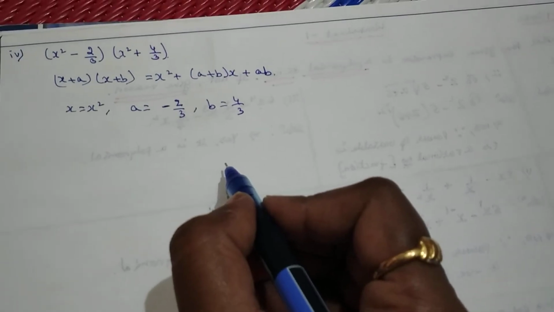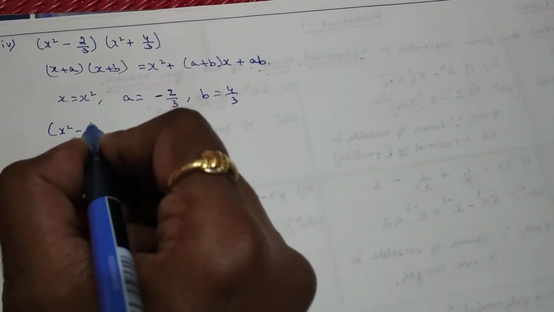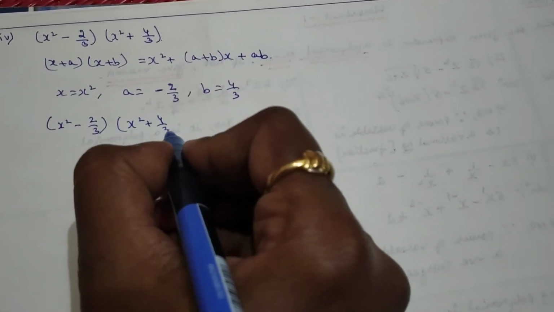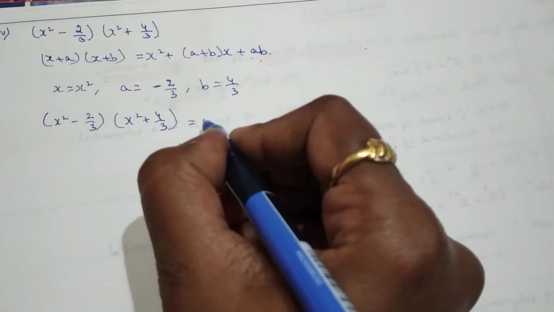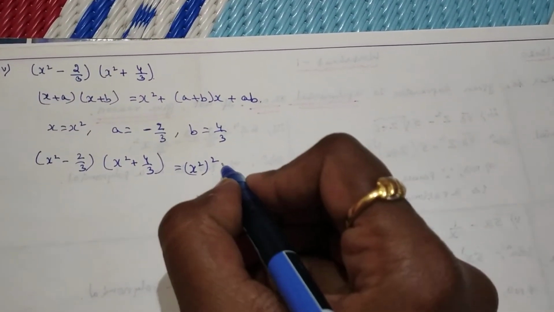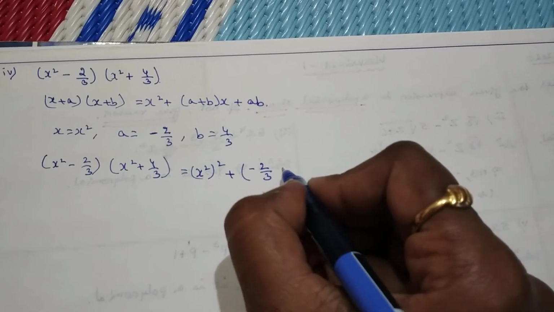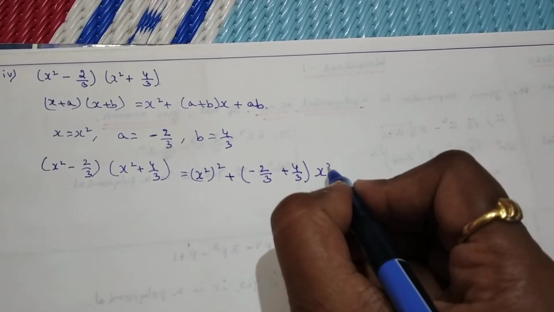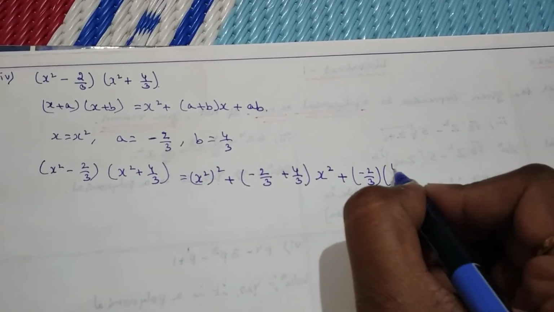Substitute all these values in the identity, then you will get (x square minus 2/3)(x square plus 4/3) is equal to, here we have x square, means x square squared. Clear? Plus a value is minus 2 by 3 plus b value is 4 by 3 into x square, plus minus 2 by 3 into 4 by 3.